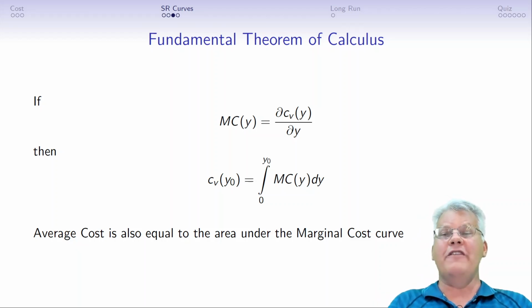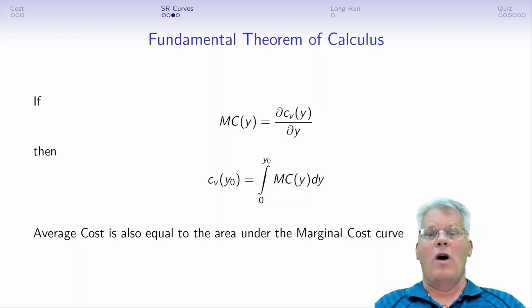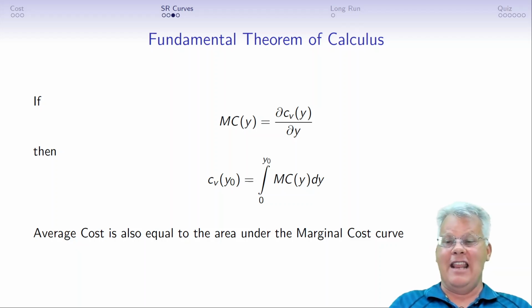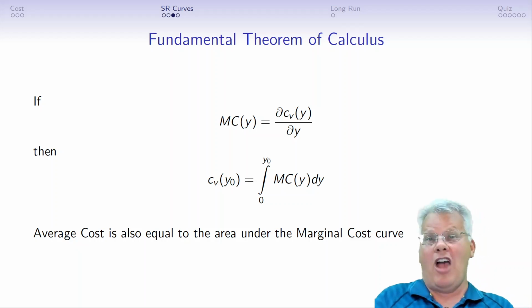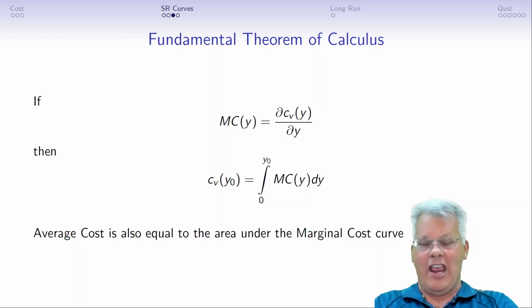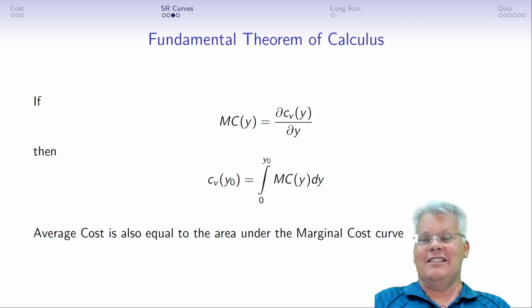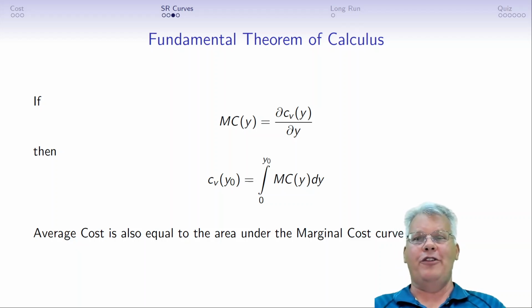And that integral is evaluated here from an output level of 0 to some output level y sub 0. Geometrically, what this means is that variable cost can be calculated as the area underneath the marginal cost curve. You remember from your calculus course that the integral is basically equal to the area underneath a function. So cost is equal to the area underneath the marginal cost curve by the fundamental theorem.